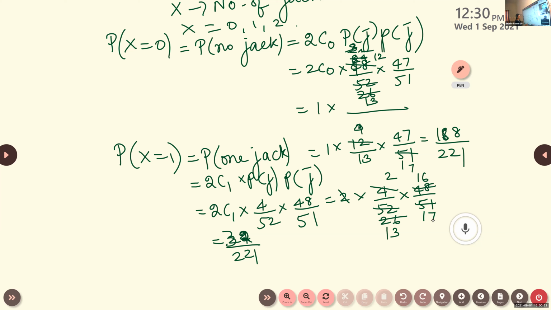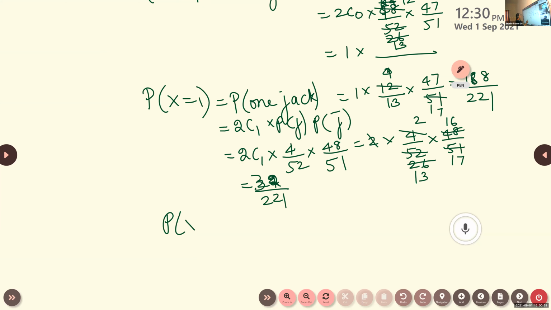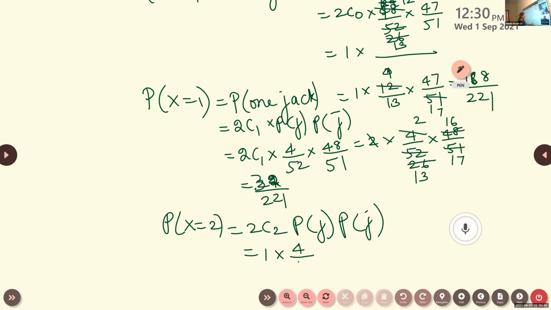Now look at the next case. P of X is equal to 2. P of X is equal to 2 means it is 2C2. Both are jack, J into J. So 2C2 is 1 into 4 by 52 into 3 by 51. Total 4 jacks. Selecting the first jack means it is 4 by 52 and selecting the next jack is 3 by 51. Now simplify this.